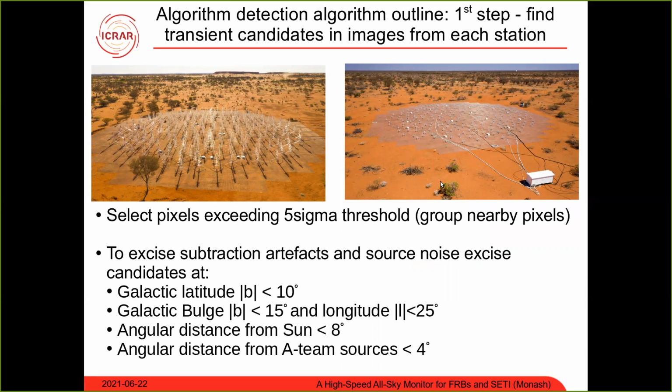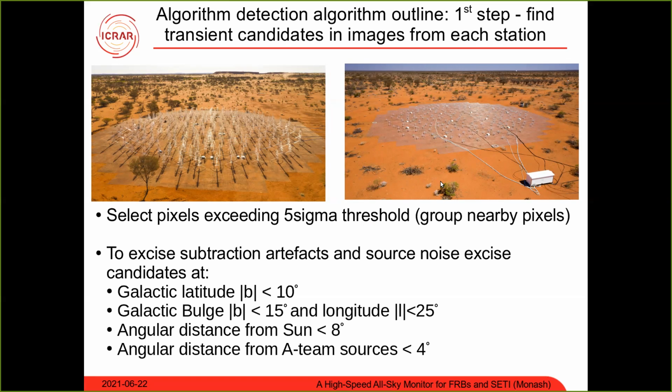And since we had 2 stations, we analyzed these difference images from both stations, finding transient candidates from both, and requiring that a transient candidate is a signal that exceeds a 5 sigma threshold, where sigma was calculated as the standard deviation of the noise in the center of the image.